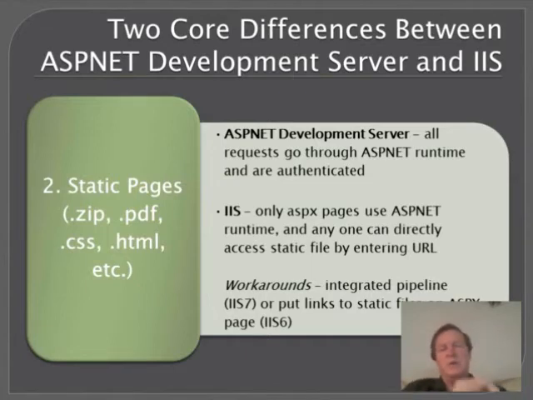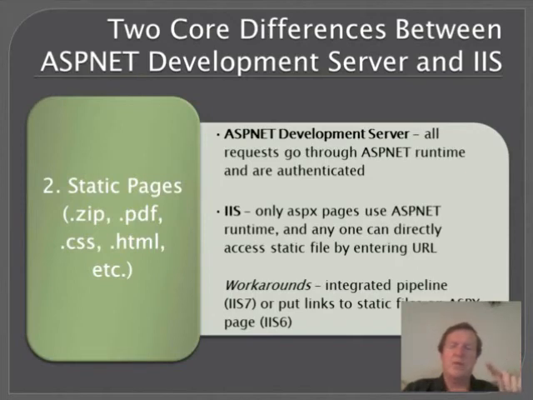Okay, on the production side, it acts a little strange, in my mind, at least. If it's a static page, the only things that go through the ASP.NET runtime, where authentication occurs, are ASP.NET pages. So only ASPX extension type pages go through the runtime.